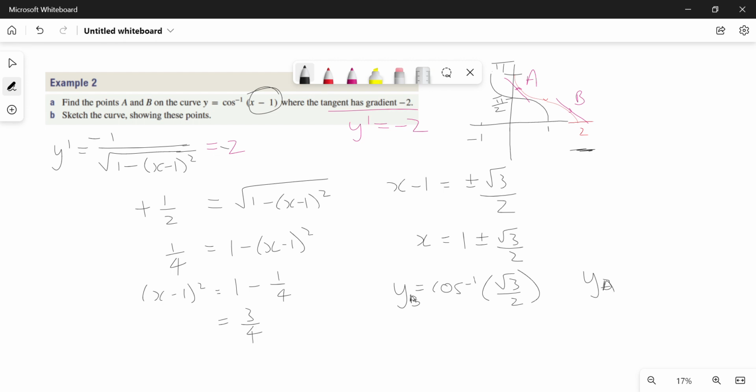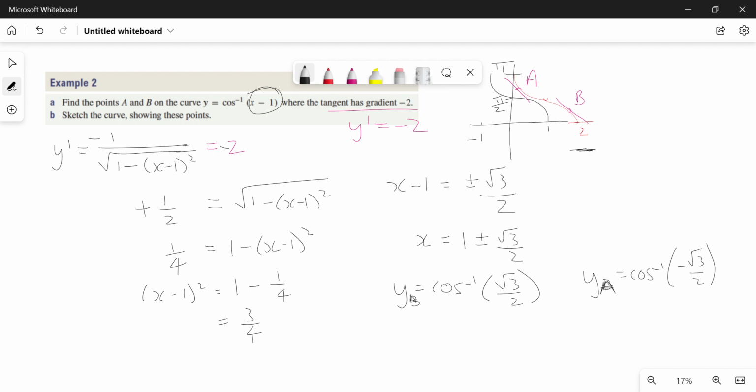And then the less positive x value I've made A, it doesn't matter what you make them, and if I put x is 1 minus √3 on 2, I've now got negative √3 on 2 here as my y value.